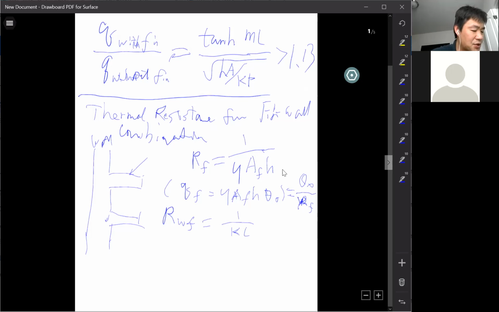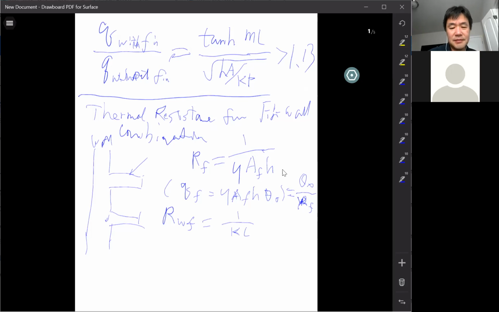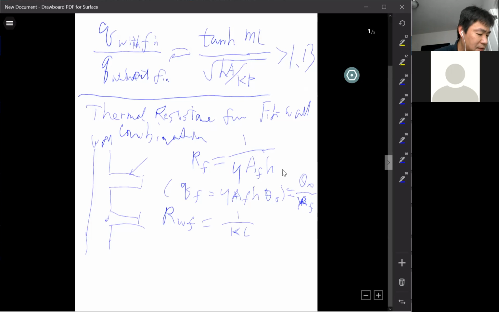Is that the conduction heat transfer? So that's the conduction part. What else? You have R0, let's say. What is R0? R0 is actually this: the wall area between the fins.